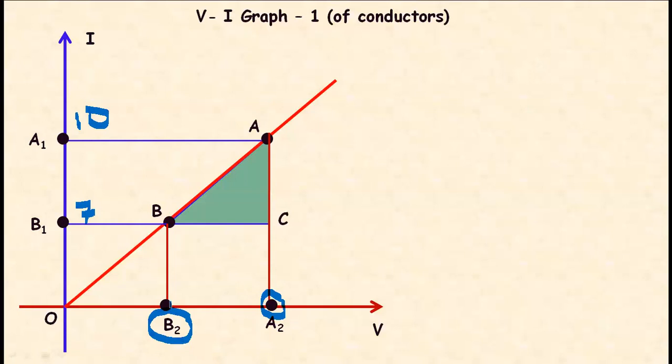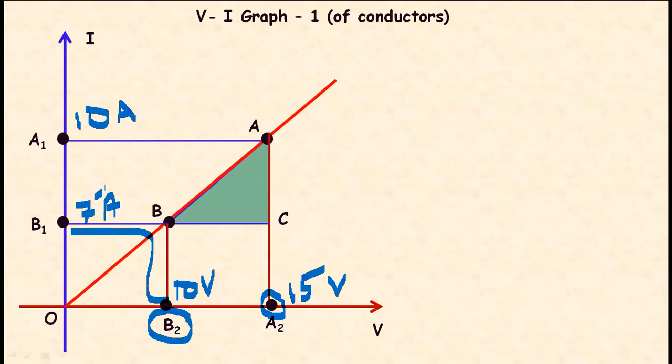For the sake of convenience, let me consider B2 to be, for example, 10 volt, and A2 to be 15 volt, and A1 to be 10 ampere, and B1 to be 7 ampere. So when the applied voltage is 10 volt, then the current through the circuit will be 7 ampere.